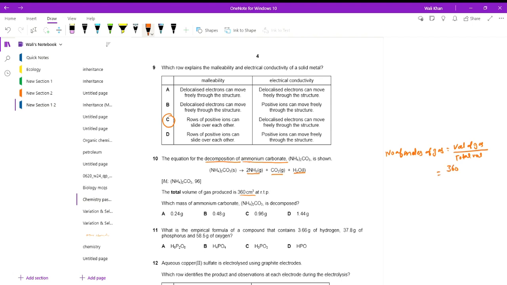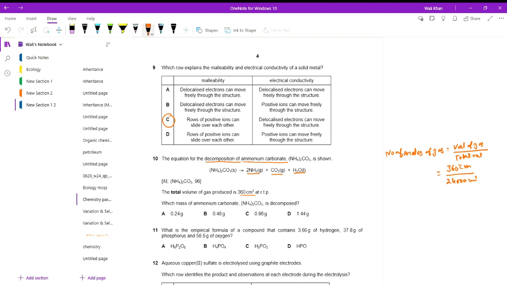The volume of gas is 360 cm³, and the total is 24,000 at room temperature and pressure.